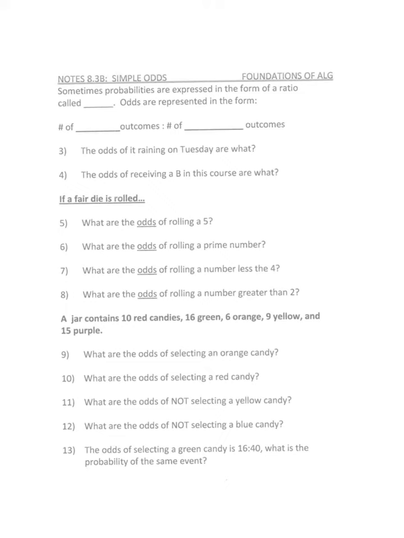Okay, in this section 8.3b, we're going to continue talking about our simple odds, and sometimes our probabilities are going to be expressed in the form of a ratio called odds. And odds are represented in the form of number of favorable outcomes, so that would be considered a success.